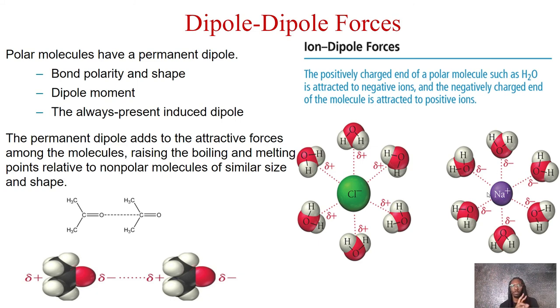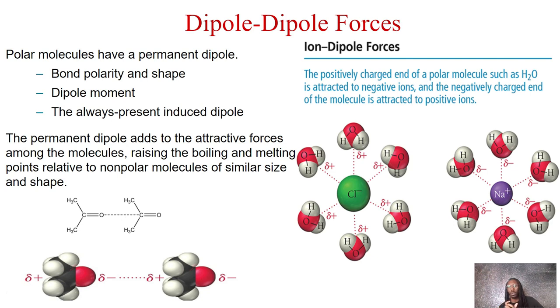So that's the key difference between the ion dipole and the dipole forces. Dipole forces will be formed with permanent dipoles because they're always going to be polar molecules, right?